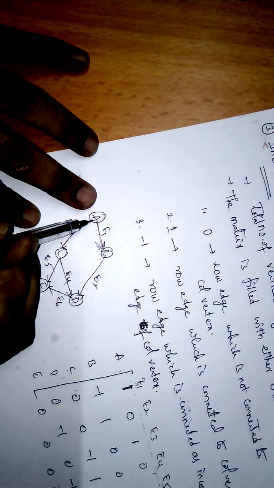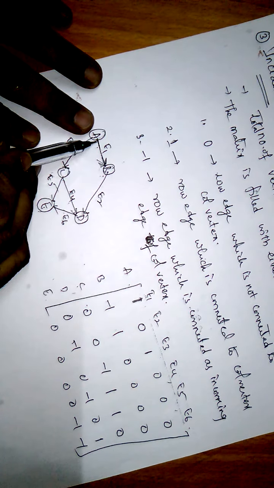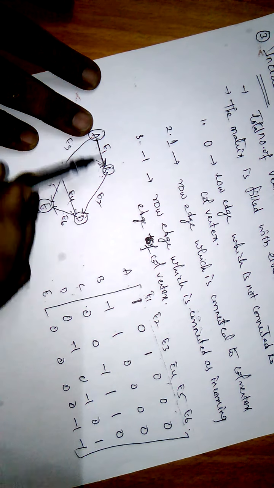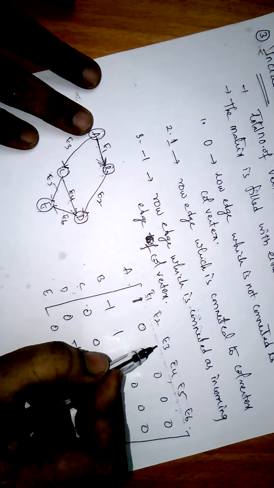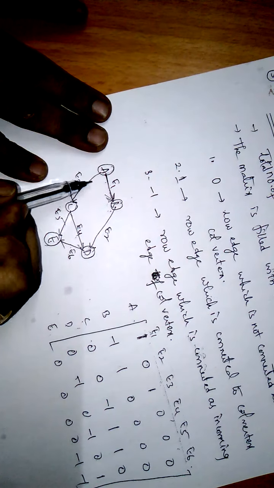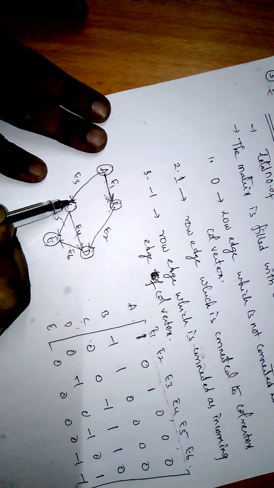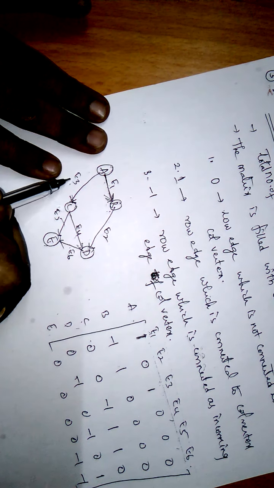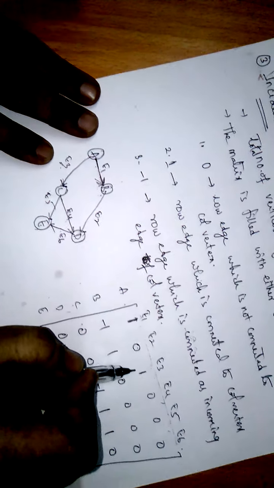Now for A, there is no edge E2 connected to this vertex A, so the value is 0. Next, E3. There is an edge outgoing from A, that is E3, so the value is 1.